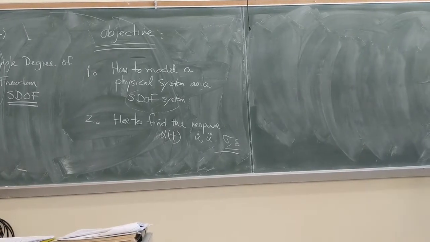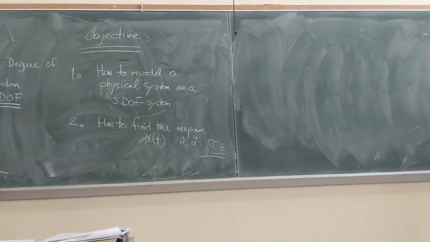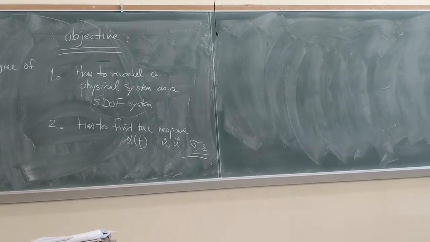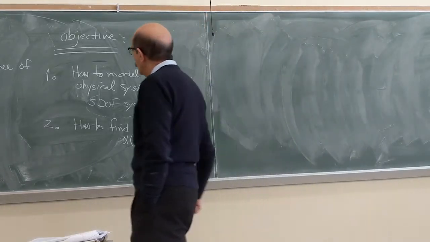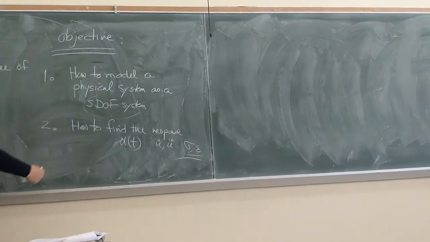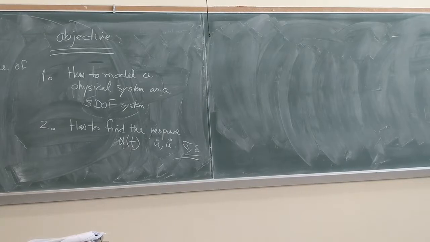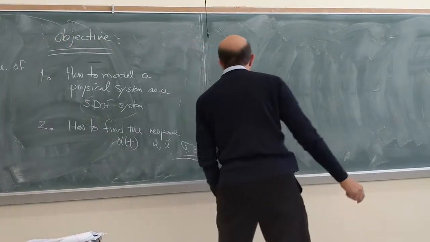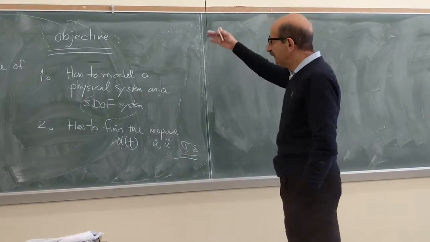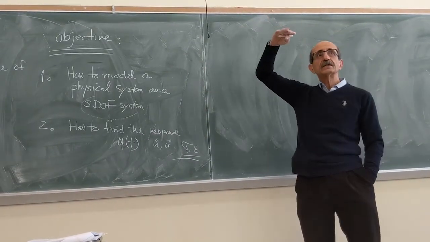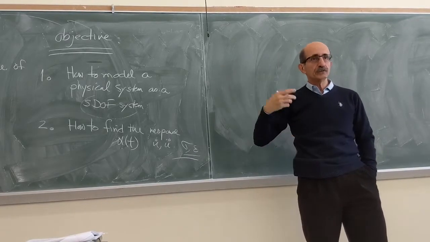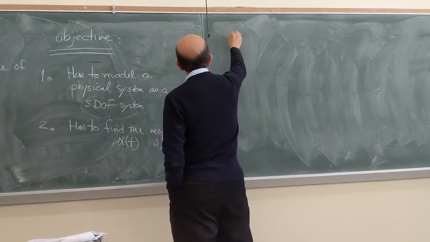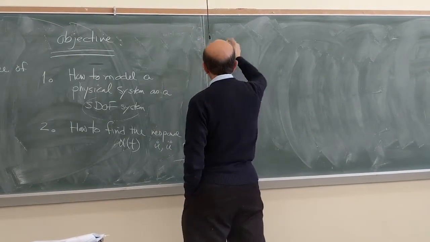So now that we have schematically set up the model for studying mechanical vibration, let's see how many steps or how many different categories we will be studying. Mechanical vibration can be classified or categorized in terms of what we study, depending on how we look at the system.